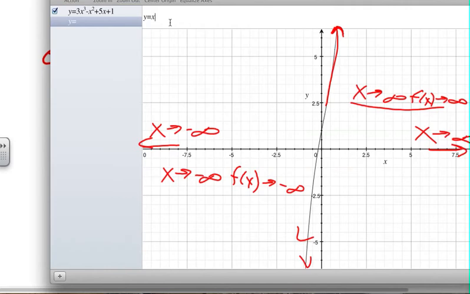And I just want to take a look at x cubed. And there it is. Okay, you can still see faintly my other one.